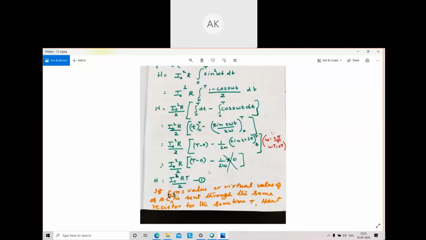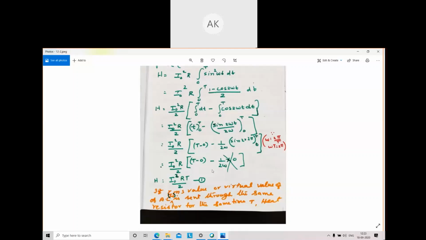But virtual value we consider as a steady value. It is just like DC value. And virtual IV is the virtual value equivalent to this AC current. If we send a steady current equivalent to that, that will also produce the same heating effect.